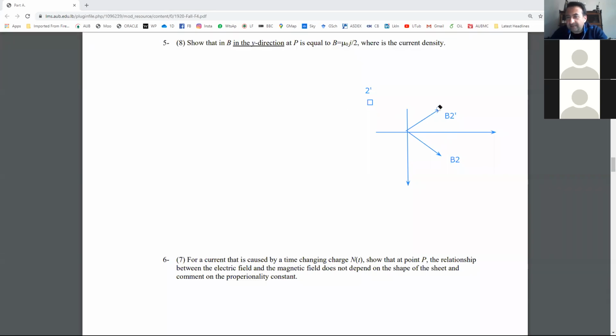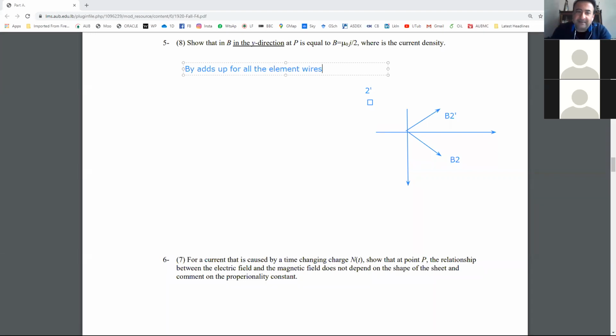In this case, B2 and B2 prime always have the y component in the same direction. Consequently, my By, the magnetic field in the y direction, adds up for all the element wires.